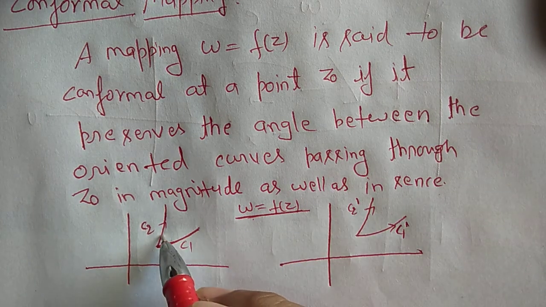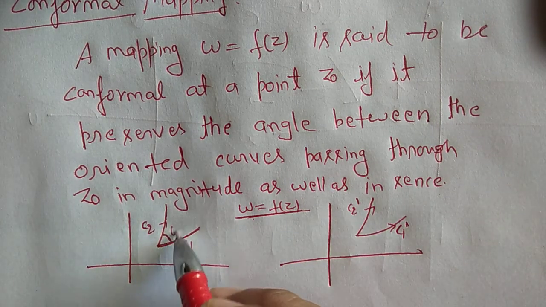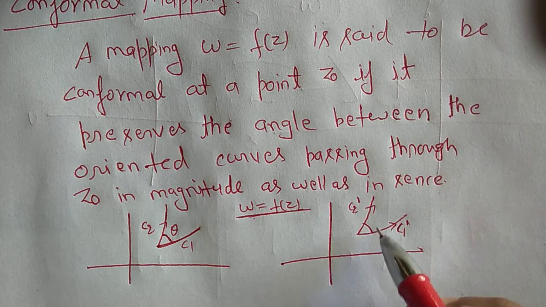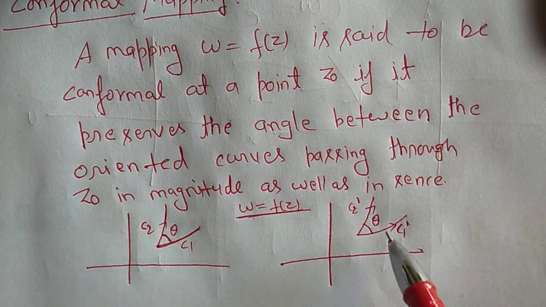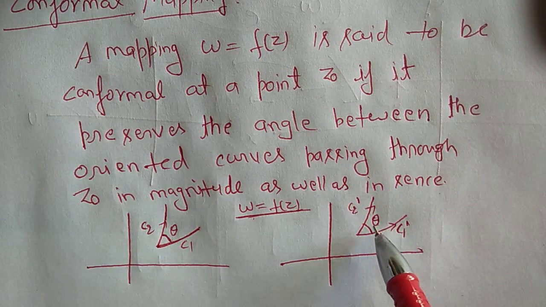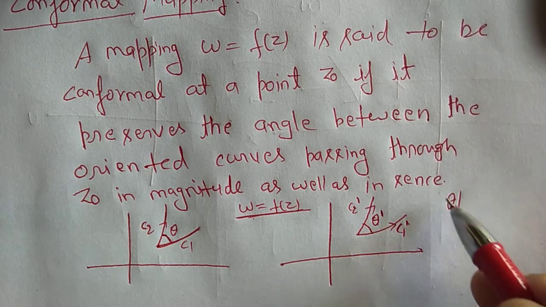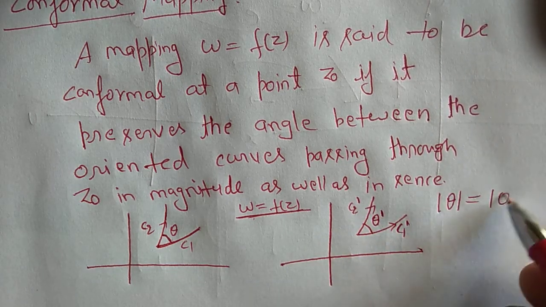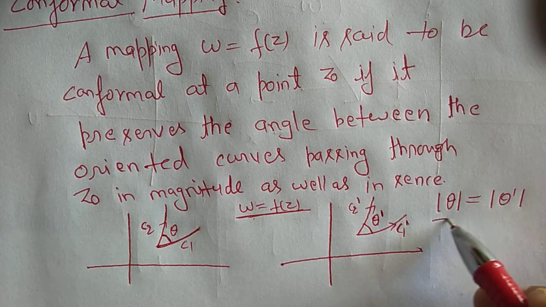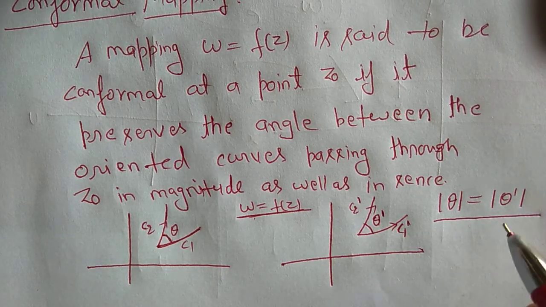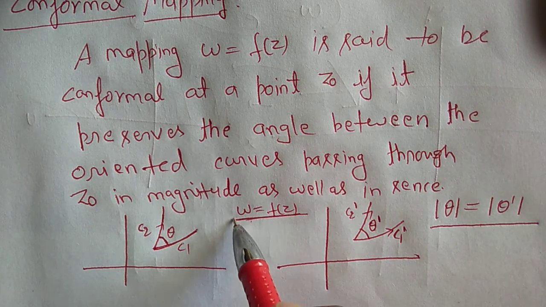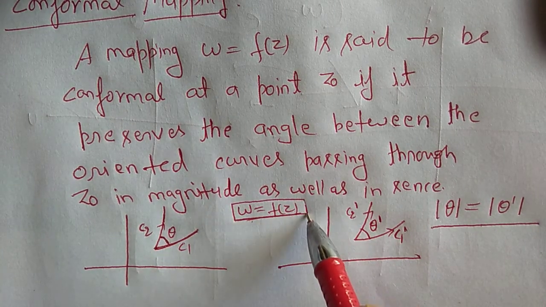If this angle theta and theta dash are the same in magnitude as well as direction, then this mapping is called the conformal mapping.